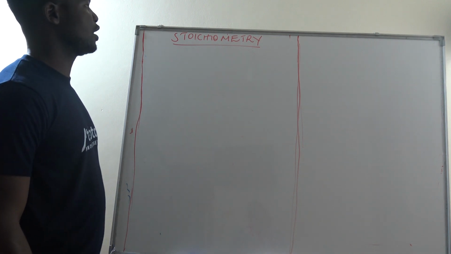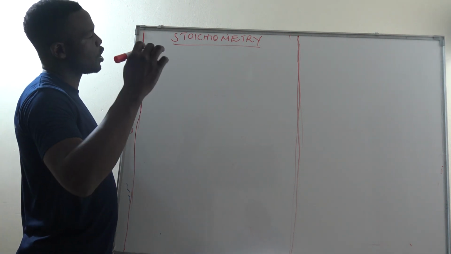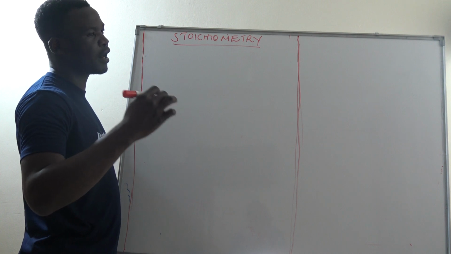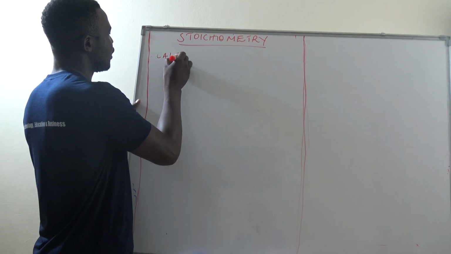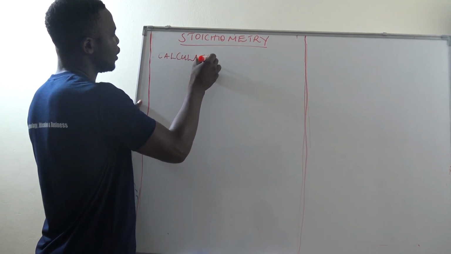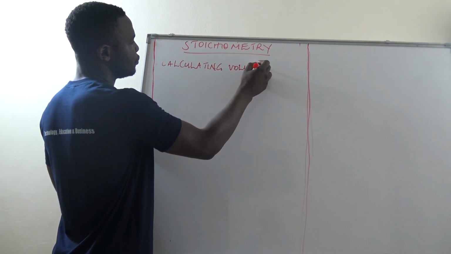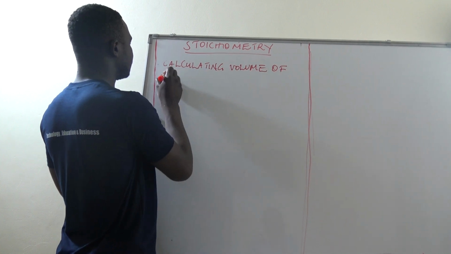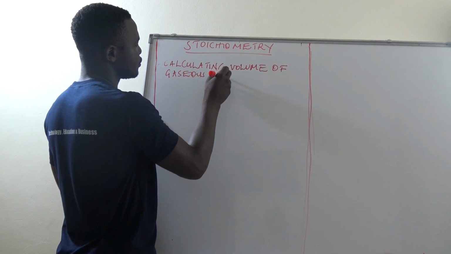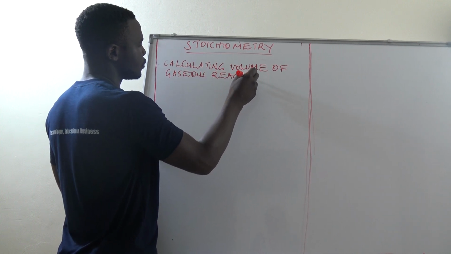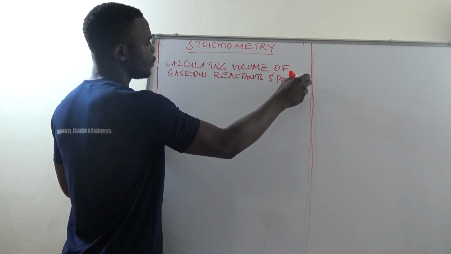Welcome back, guys. We are still under stoichiometry, and right now we are going to use stoichiometry to calculate the volume of gaseous products and reactants. So our next heading here is calculating volume of gaseous reactants and products.